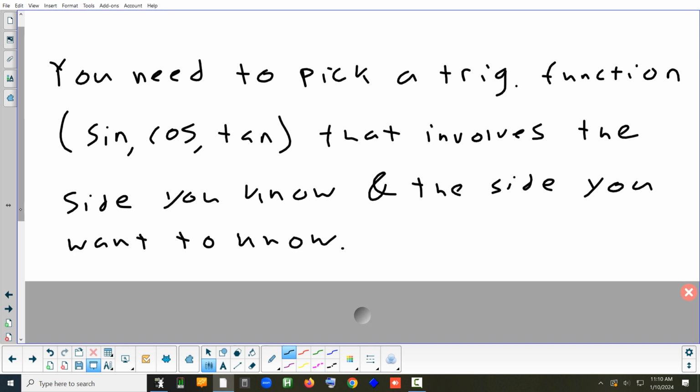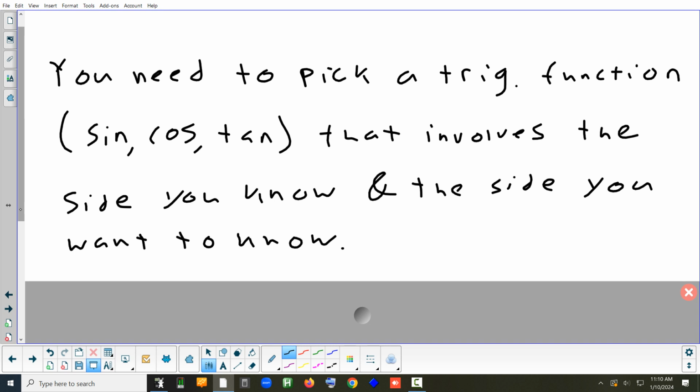The way that you figure out which trig function to use is you have to look at the sides that you're using. If you know the opposite and you're trying to find the adjacent, you'd have to think which trig function has opposite and adjacent. That's tangent.